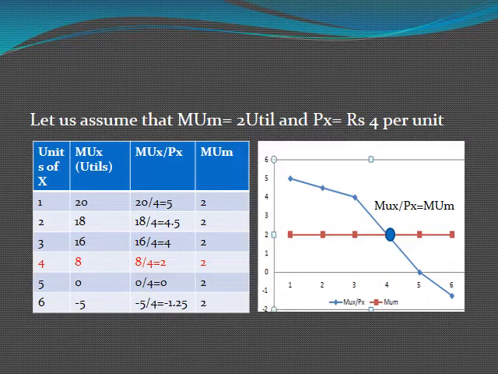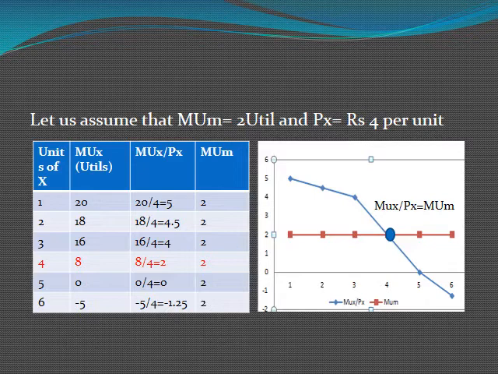Here the assumption is that the price of the commodity is rupees 4, but if we assume that the price of commodity X is 1, then the consumer is in equilibrium when marginal utility of X is equal to marginal utility of money.